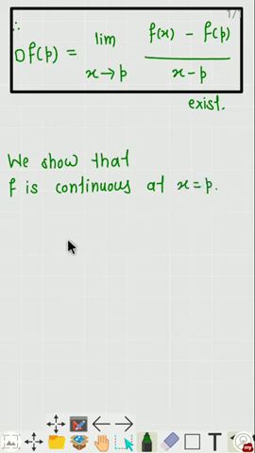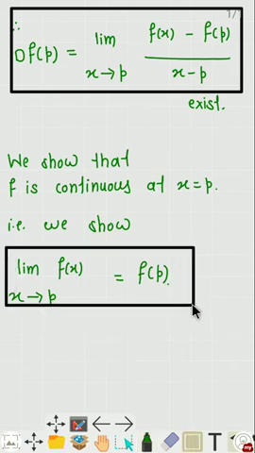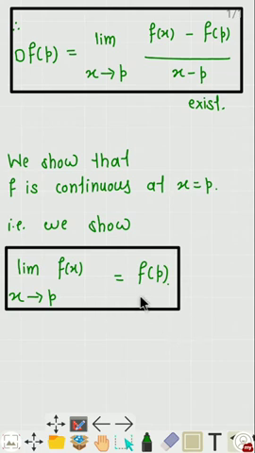That is, we show this equality: limit of f of x as x tends to p is the same as f of p. Okay, so this is the definition of continuity. We have to show this equality.